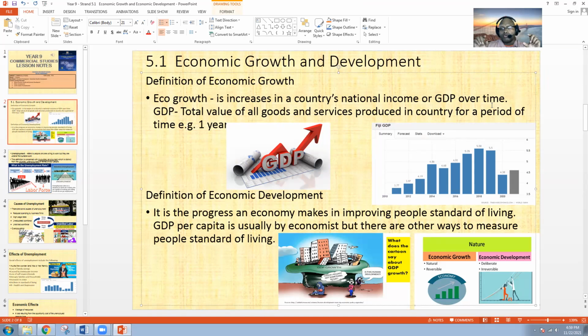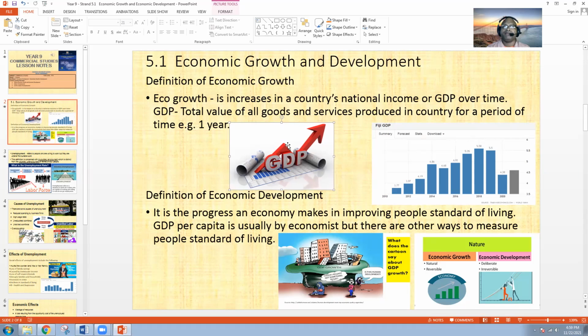When you add up all the goods and all the services produced, that is GDP. That becomes our national income, what we are able to produce, buy or sell. The growth in the GDP shows that we are having economic growth. There's more economic activity going on, more buying and selling.